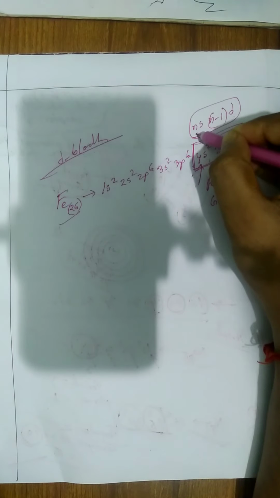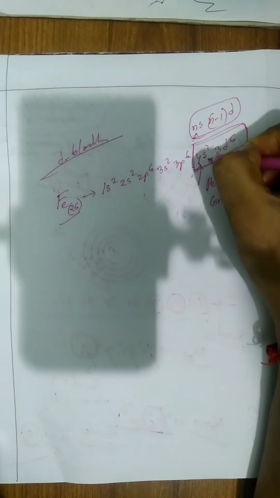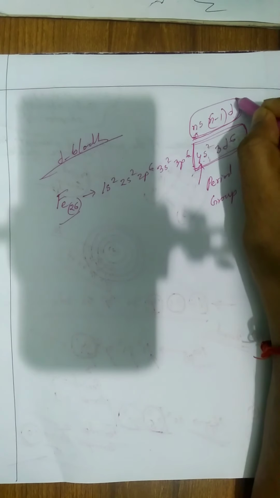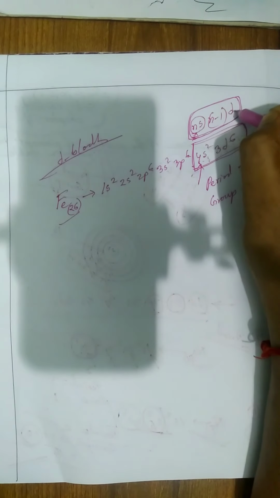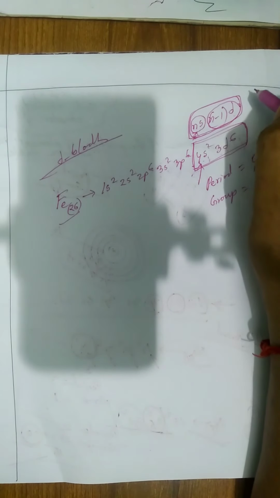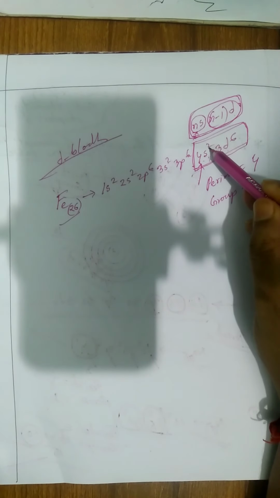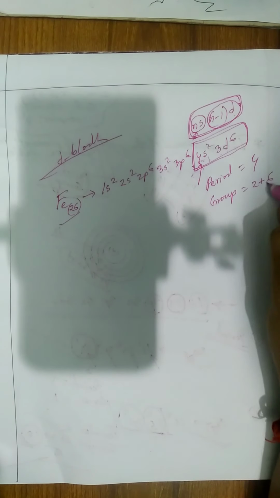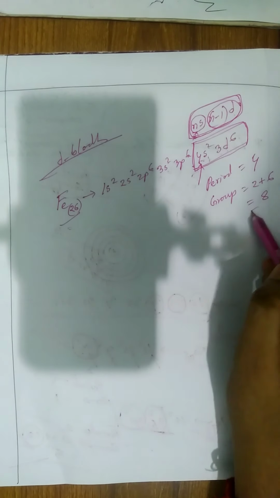If we put n equal to 4, this is 4s and 4 minus 1, that is the 3d orbital. The total number of electrons in ns and (n-1)d orbitals denotes the group number of a d block element. So the total number of electrons in these two orbitals is 2 plus 6, that means 8. So the group number of iron is 8.